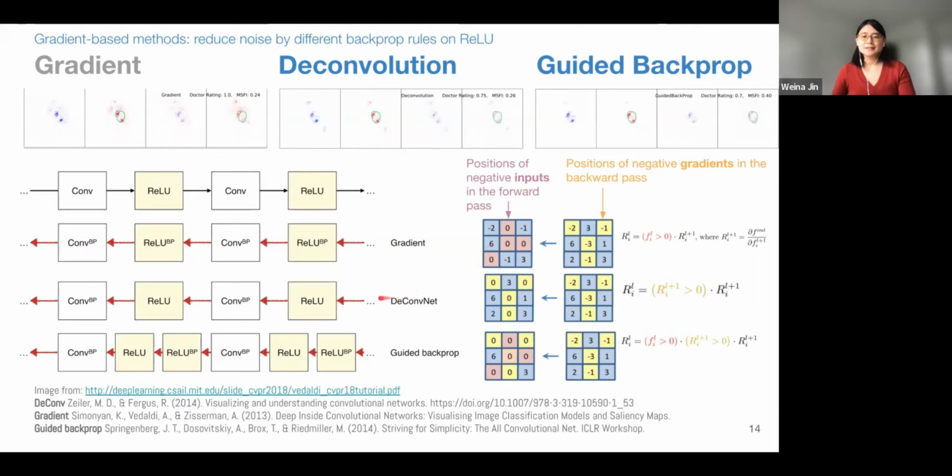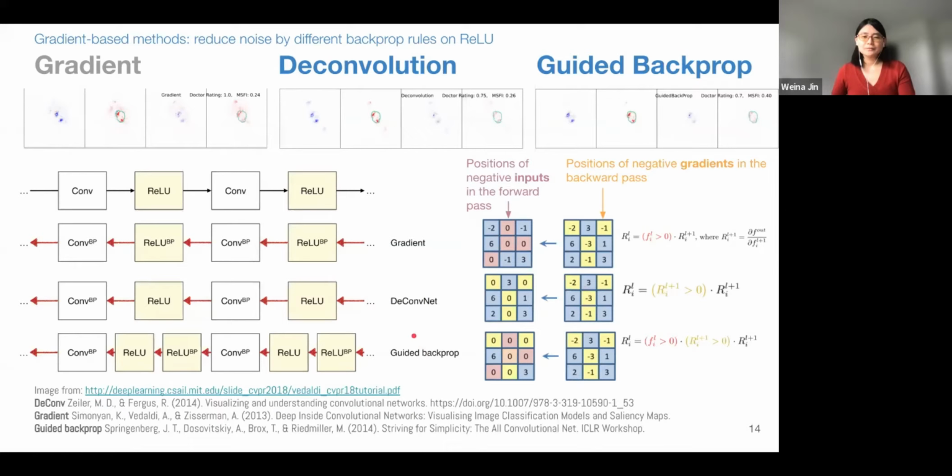In contrast, in the proposed method called deconvolution, this sets the negative gradient as zero during the backward pass. You can see this is the original gradient explanation, and this is generated using the deconvolution. It's less noisy.